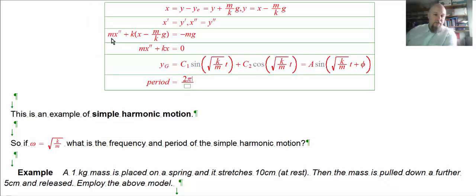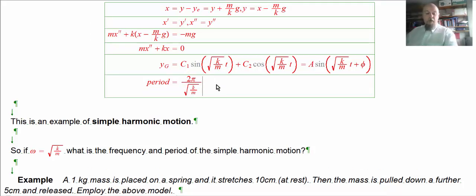It's all imaginary part in this case. So 2 pi divided by, there's the formula for the period of oscillation for our simple harmonic motion. Let's do an example.